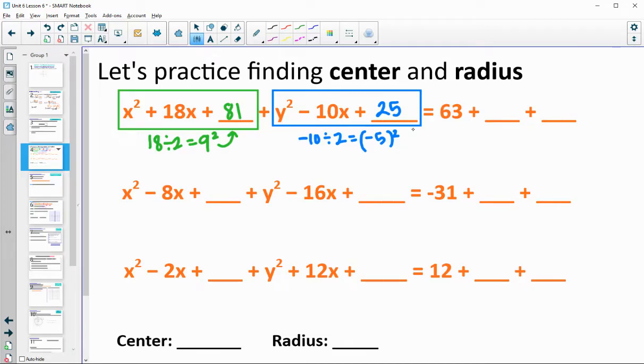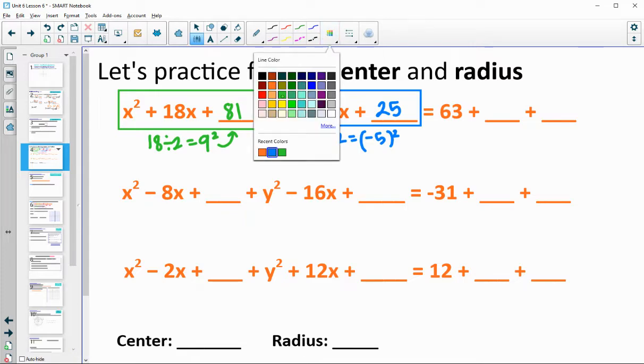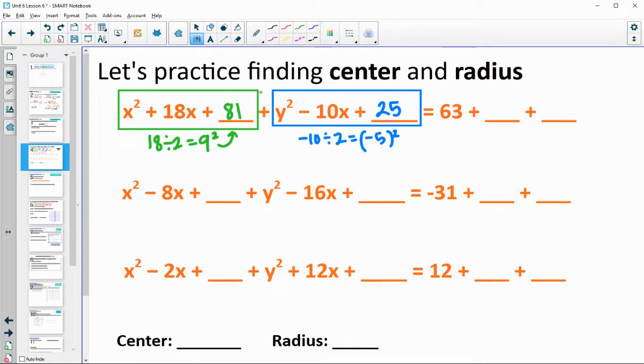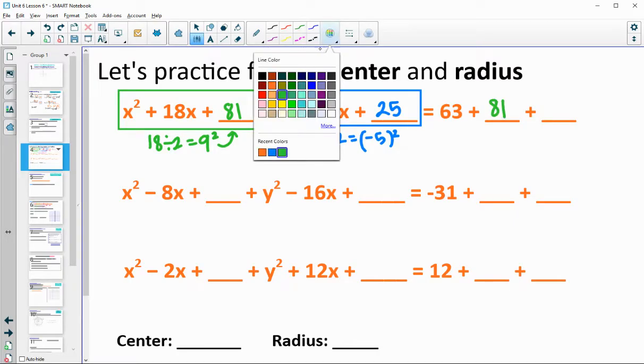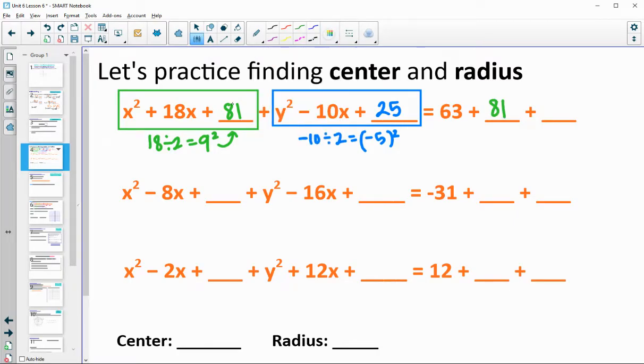So now the difference here is we've put an equation with it. We've put an equal sign. So once we've added something to one side of the equation, we need to add it to the other side to make sure it's balanced. So if we add 81 over here, we need to add it here. And if we add 25 on the left side, then we need to add 25 on the right side.